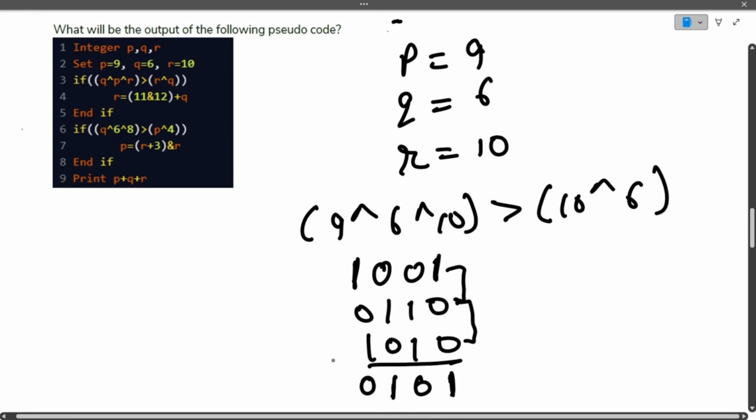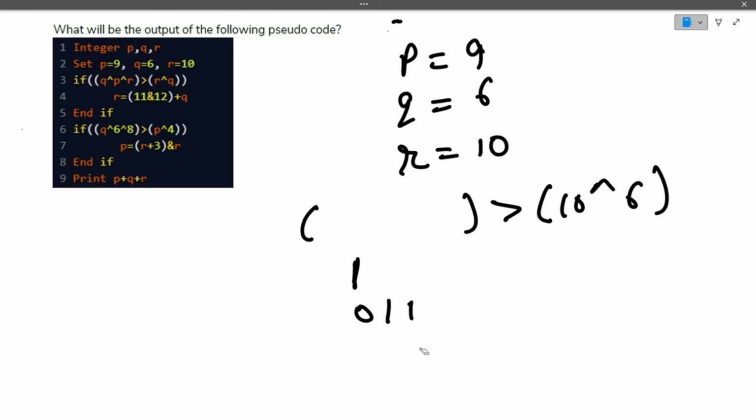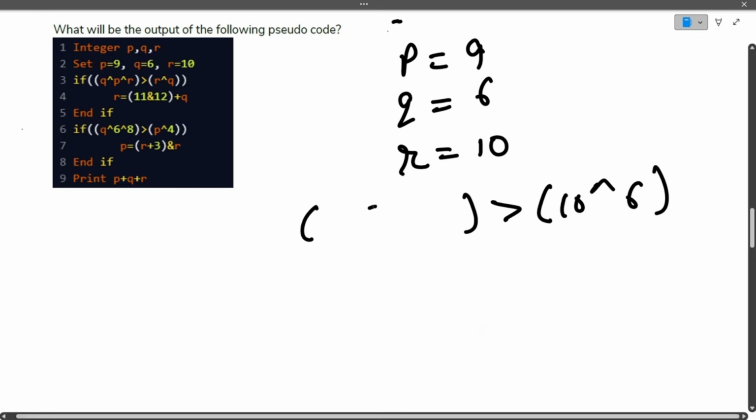So 0 1 1, this is 0 1 0 1, what does it represent? This represents 5. So this value will come as 5.